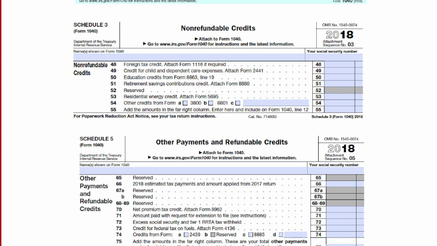Moving down on the page, put a box around Schedule 3 and highlight non-refundable credits. Put a box around Schedule 5, which is the schedule for other payments and refundable credits.